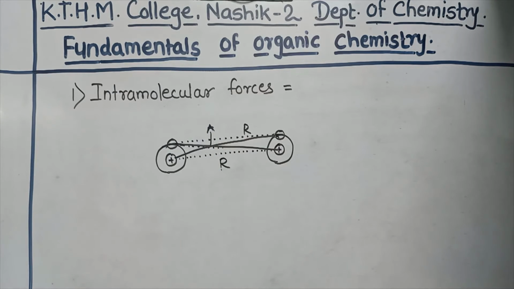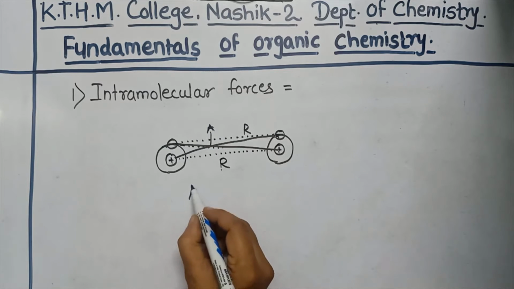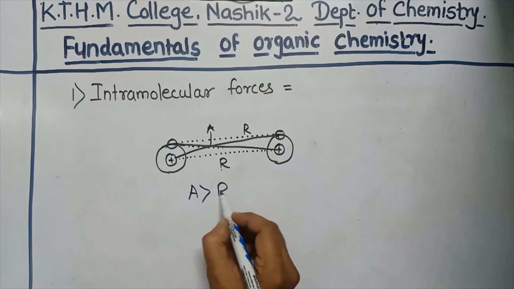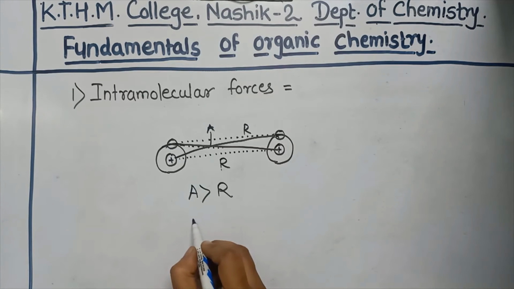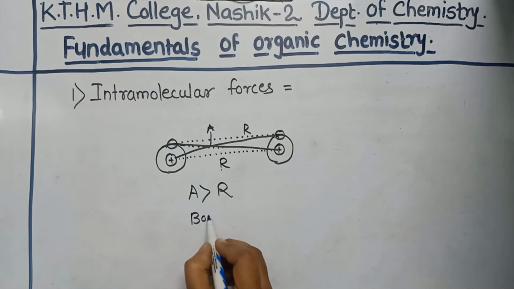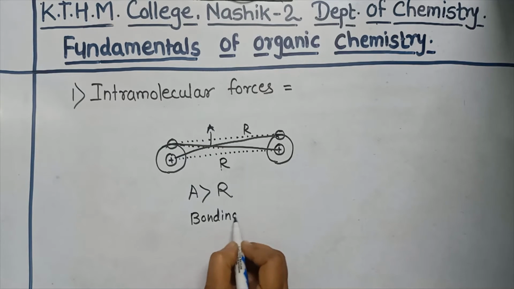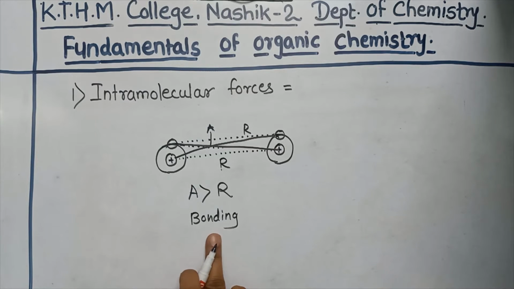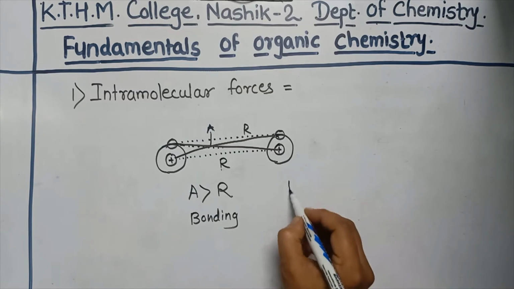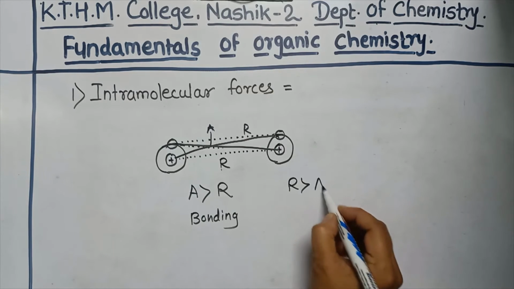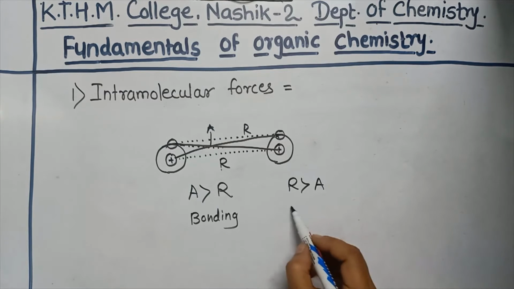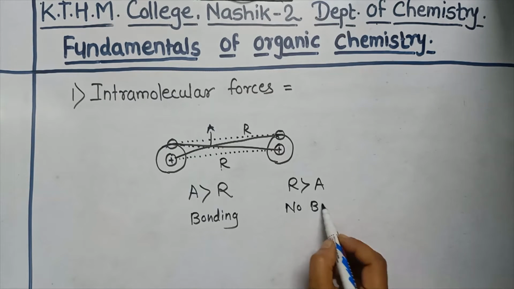When the magnitude of the attractive force is greater than the repulsive force, at that time bonding takes place and there is formation of a molecule. If the repulsive force is greater than the attractive force, then there is no bonding.